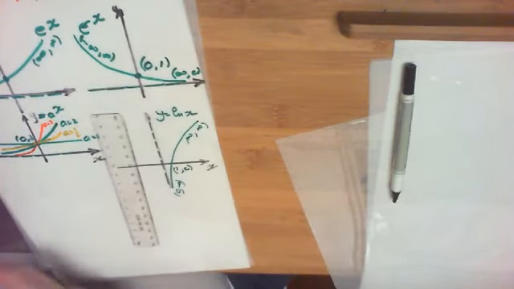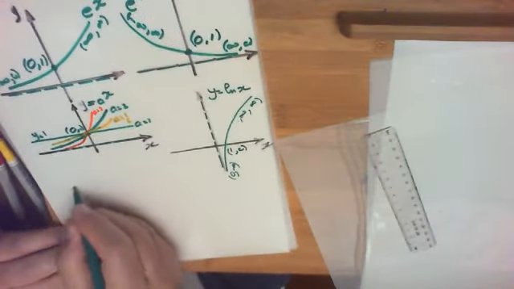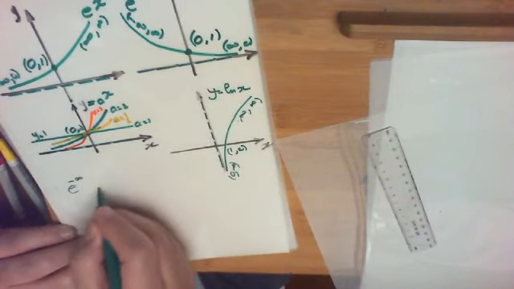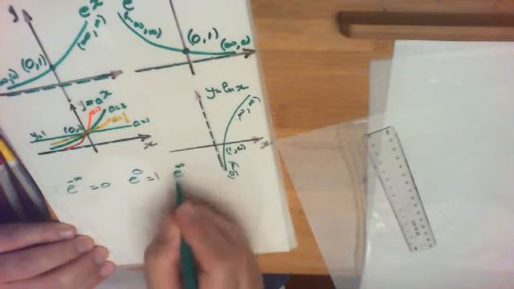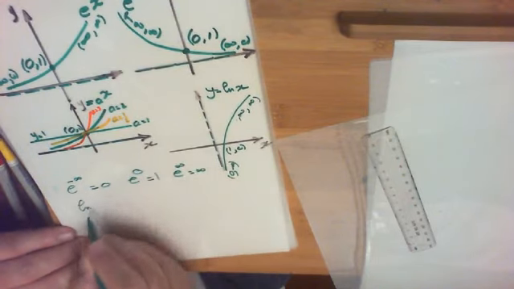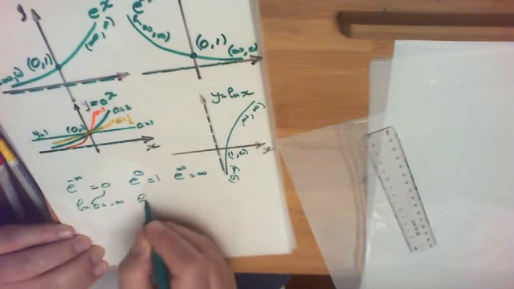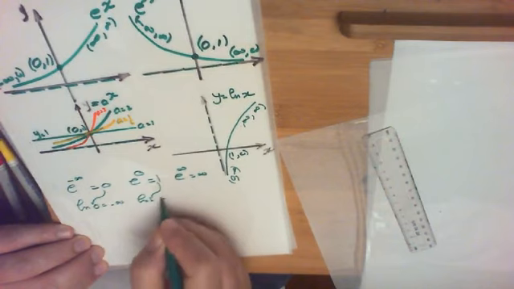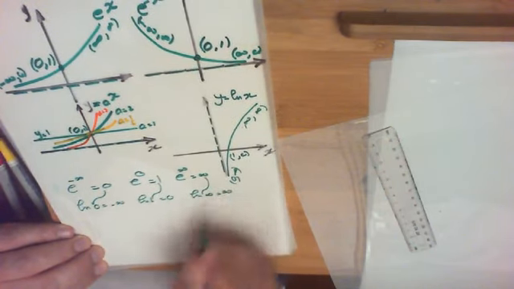As I always tell you, always remember: e to minus infinity equals 0, e to 0 equals 1, e to infinity equals infinity, ln 0 equals minus infinity, ln 1 equals 0, ln infinity equals infinity.